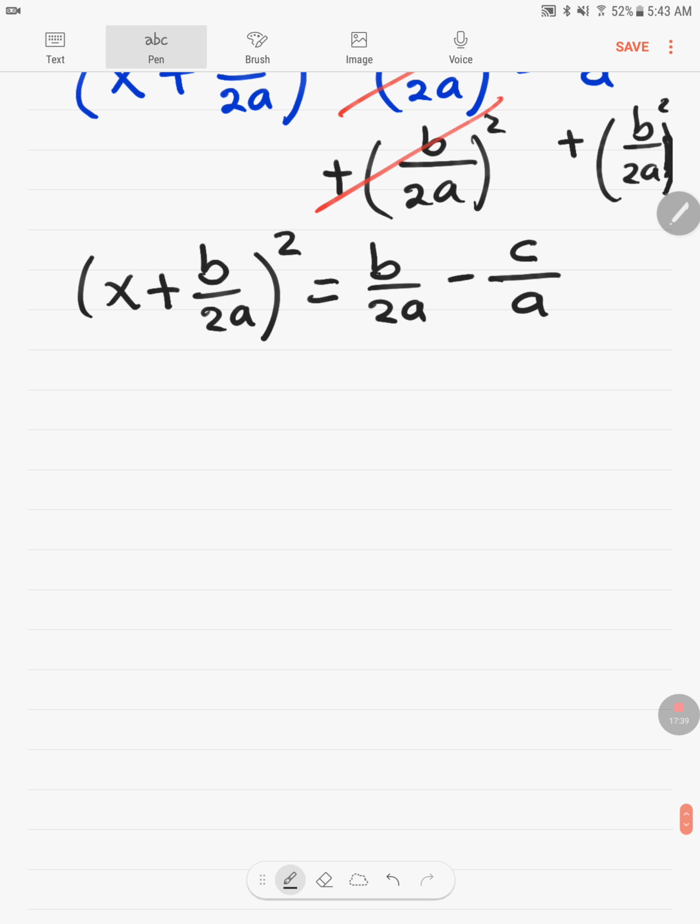Now on the right hand side, we could take a common denominator to be 2a. So it's equal to 2a. To make the right side into 2a, we multiply by 2, we divide by 2. So it becomes b minus 2c.